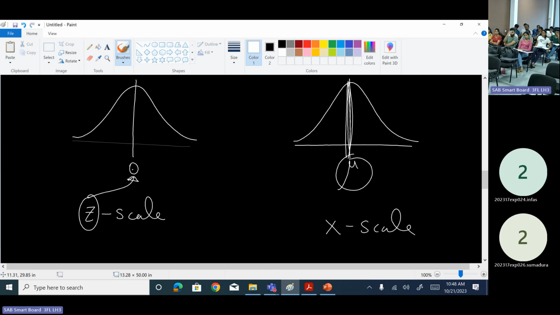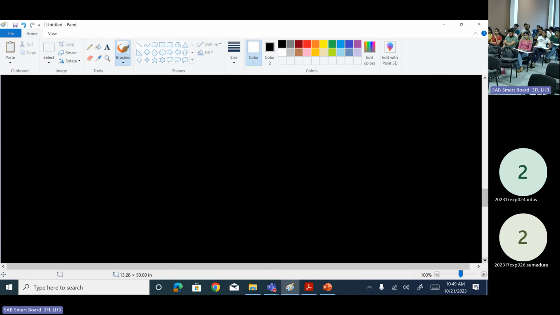So make an X scale with a mean like 1008. If you write 1008 here, then it is the X scale structure. First we have to draw the X scale sketch because it's a reverse problem. 10% of the bulbs they are going to replace free of charge. What should be the warranty period?